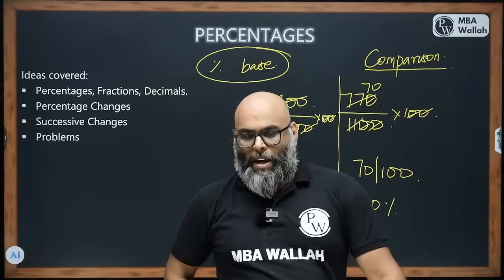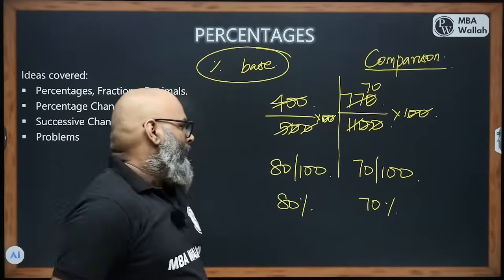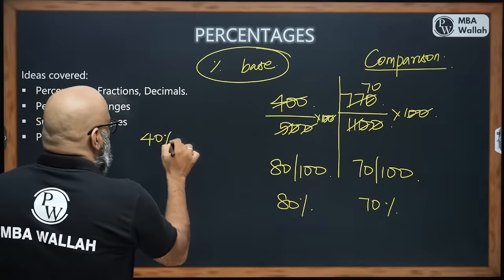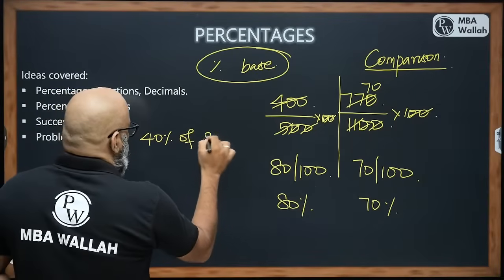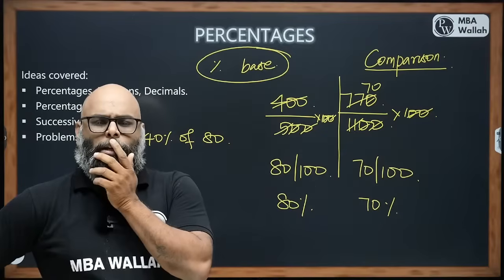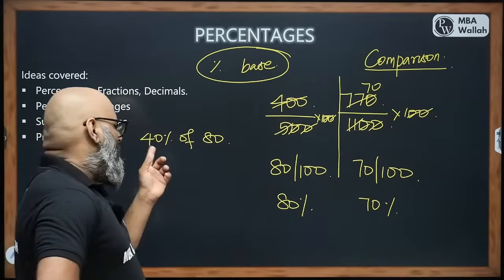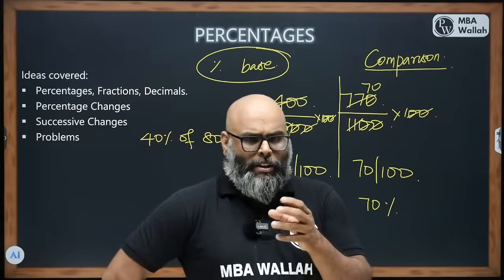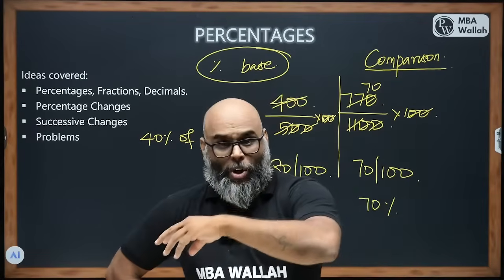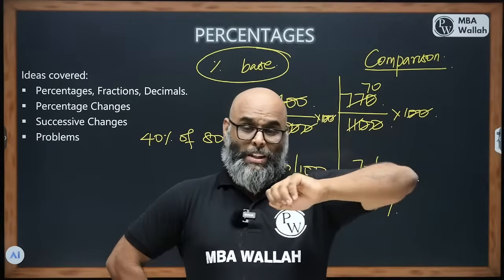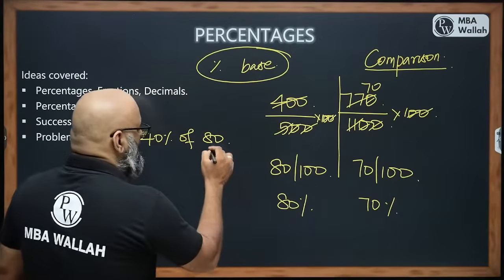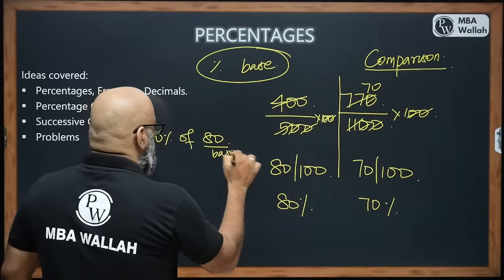What do I mean by base value? For example, if I say 40 percentage of 80. What is 40 percentage of 80? Now I know the value is 40%. The question will always be, 40% of what? 40% of what? And that is called your base value.